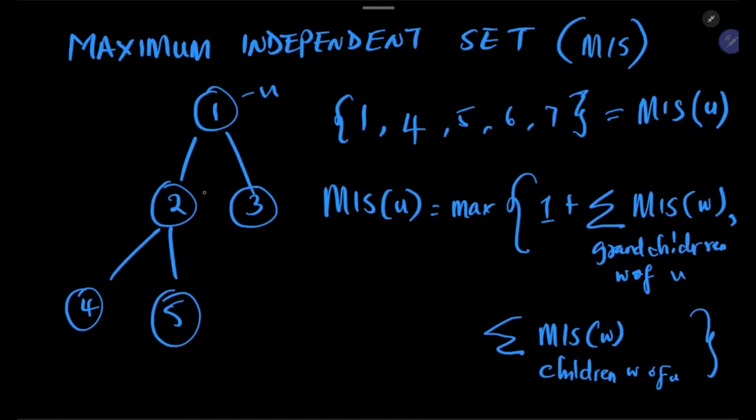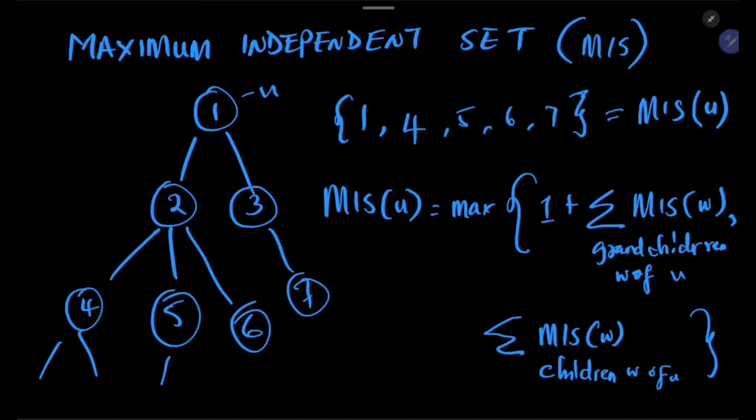So we see that in this first example, we were either going to choose 1 and the grandchildren. Let's say 1 is u, right? That's the root. So we're either going to choose 1, and if we choose 1, we skip its children, then we choose its grandchildren.